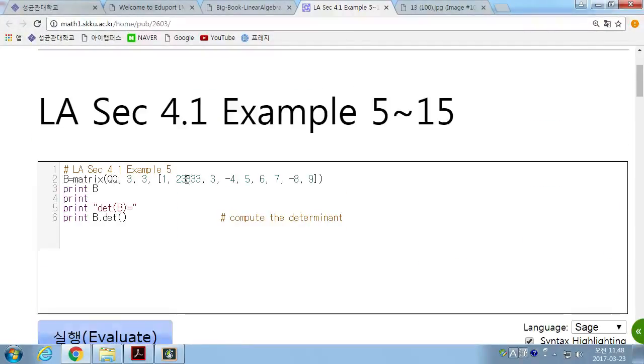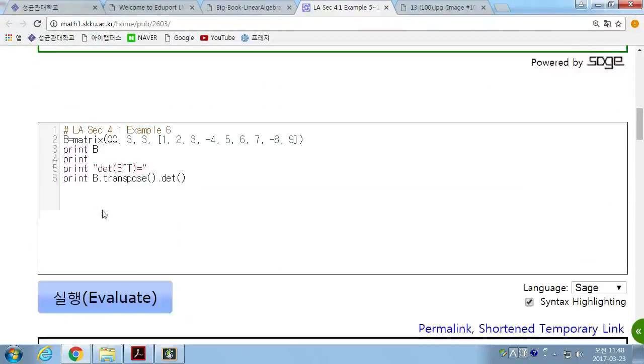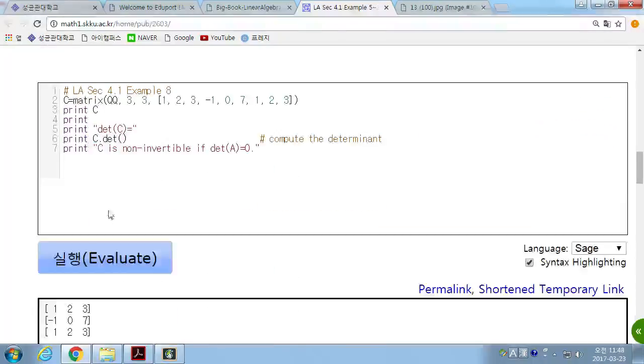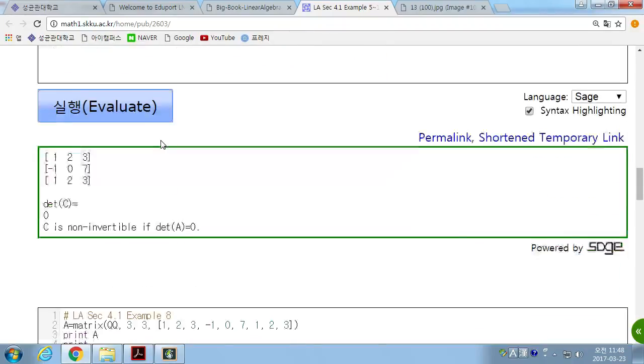If you change the numbers, then you will get the determinant without any difficulties for any size. Transpose. When you find a determinant equal to 0, you see that the matrix whose determinant is 0 is non-invertible.